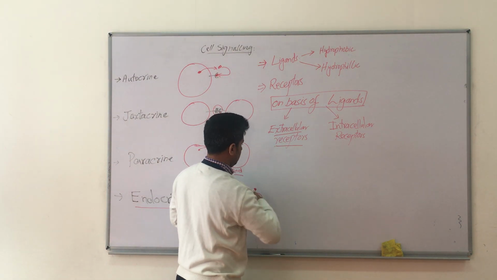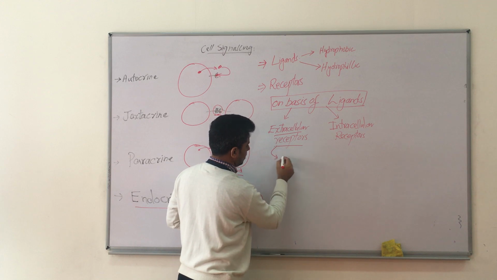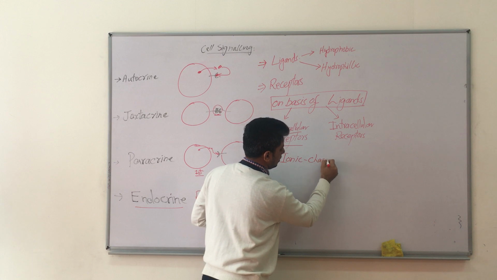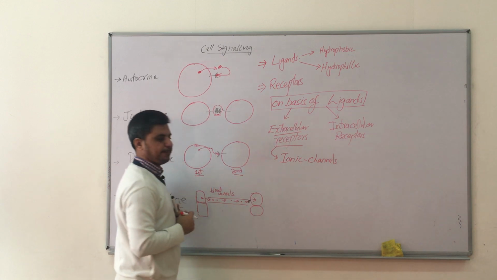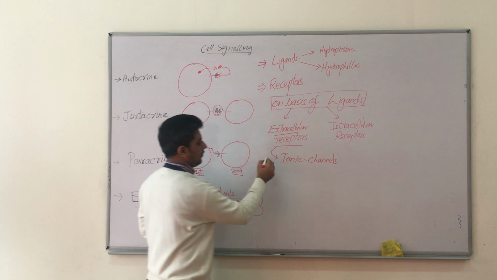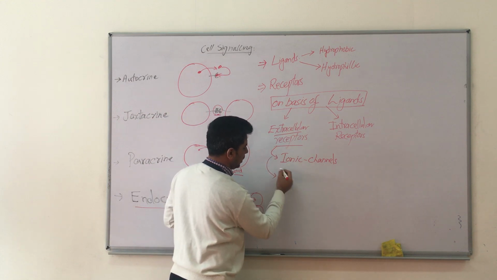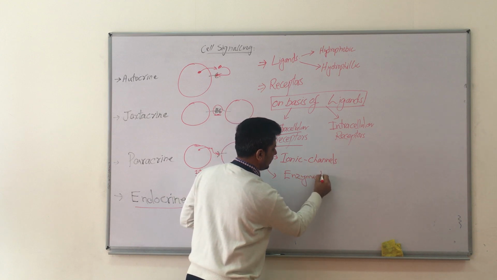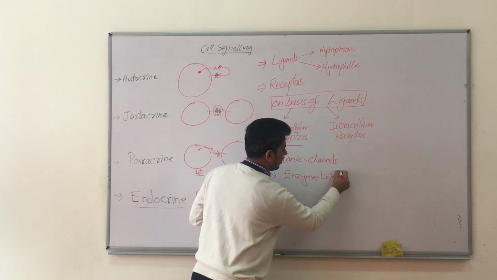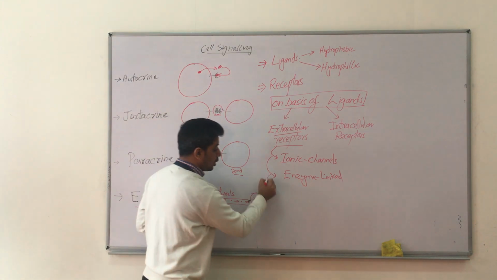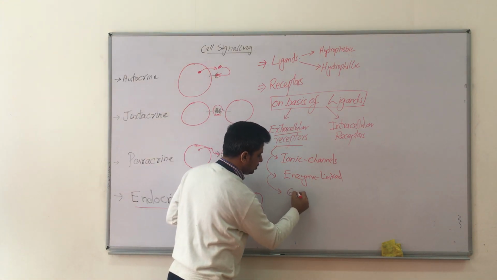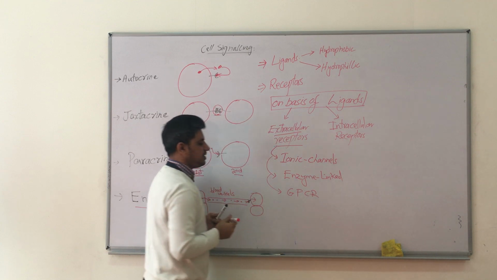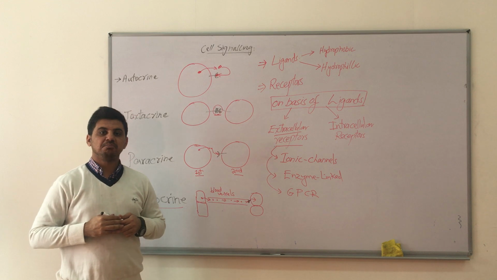For example, ionic channels, second is enzyme-linked receptors, and the third one is GPCR, which means G protein coupled receptor.